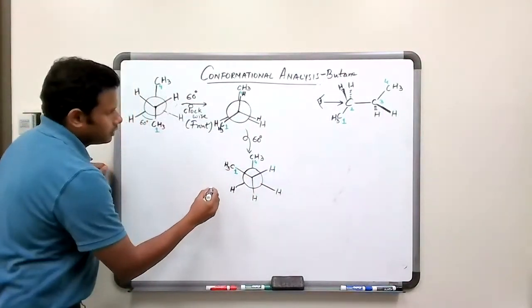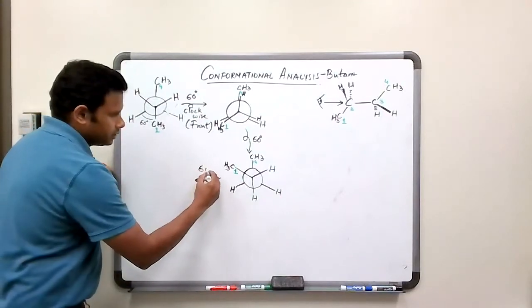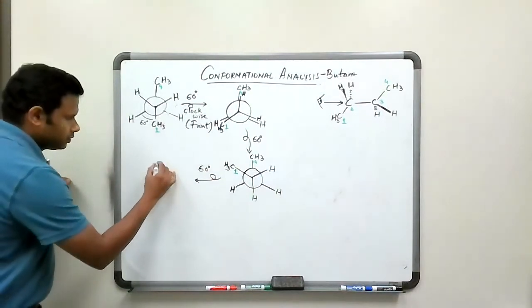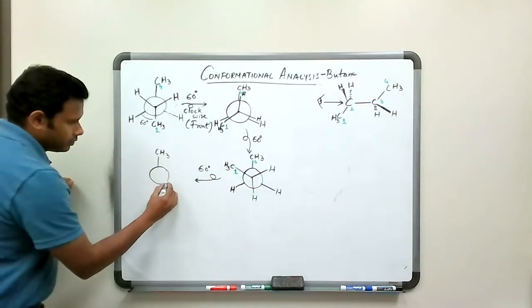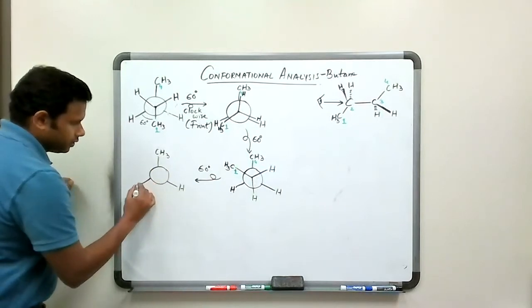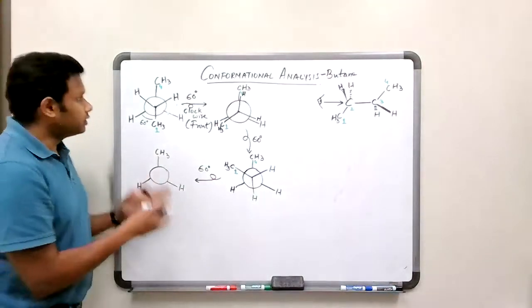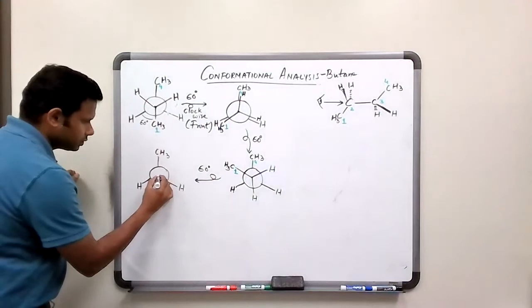Again, another 60-degree conformation change. Okay, 60 degrees again. Got CH3, hydrogen, and hydrogen. So notice how the back carbon is not changing. It is constant compared to the first one. Okay, that does not change.